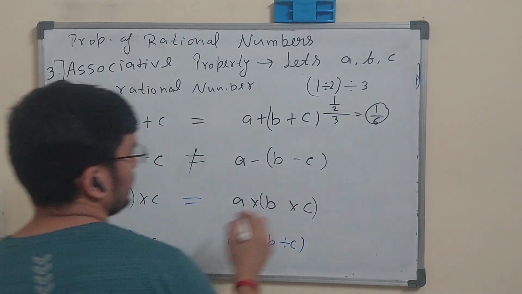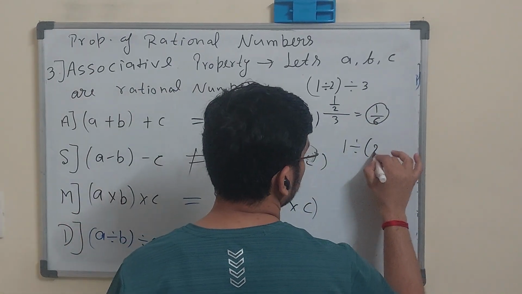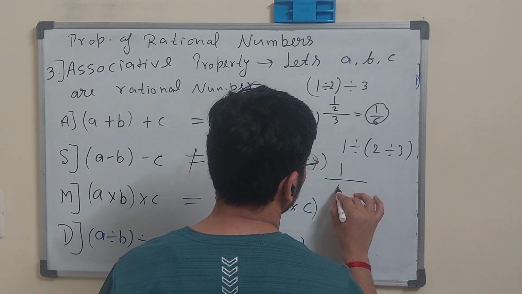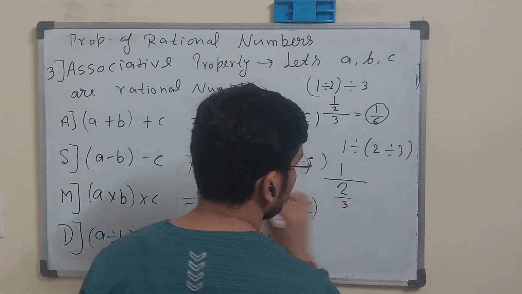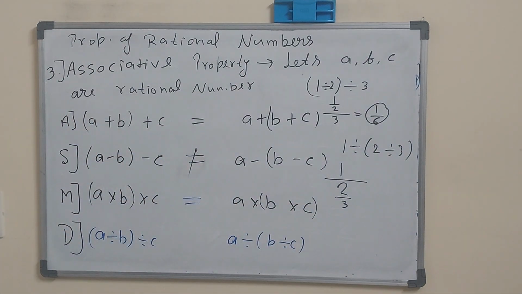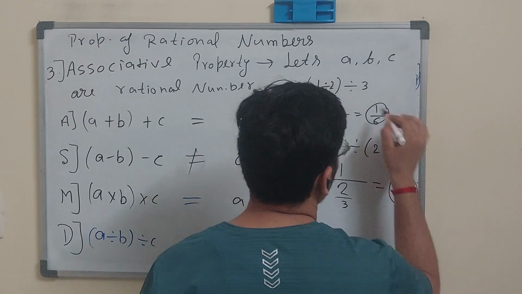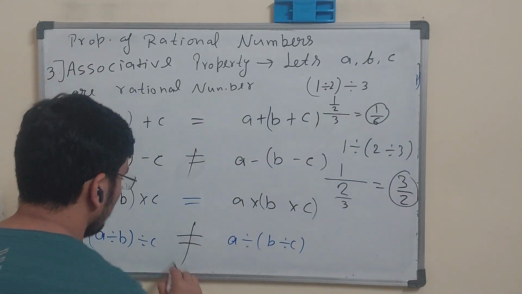Now on the right side, 1 divided by (2 divided by 3). So it will be 1 upon 2 by 3, so you will get 3 upon 2. Here 3 upon 2 and 1 by 6 are not the same.